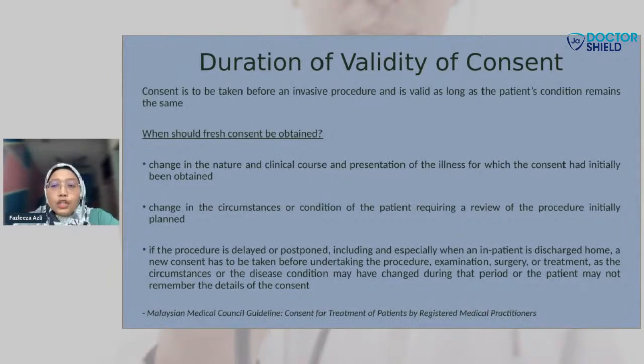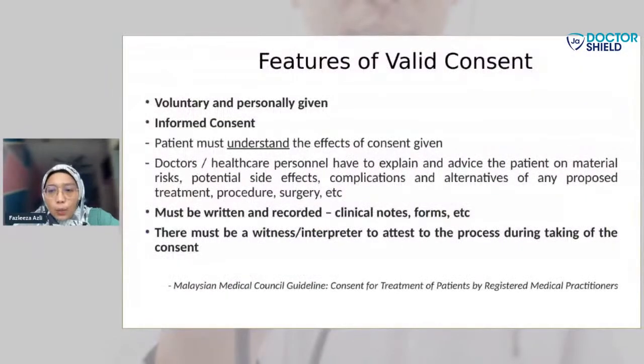Okay, now I shall move to the features of a valid consent, where there are actually 5 features for a valid consent to be formed. Firstly, the consent must be voluntary and personally given.